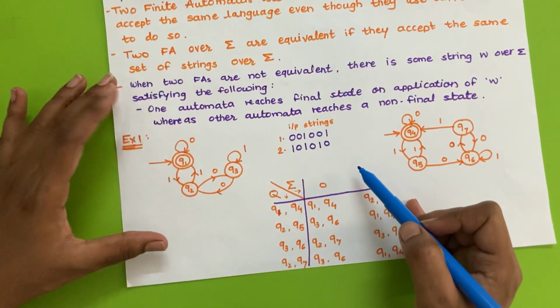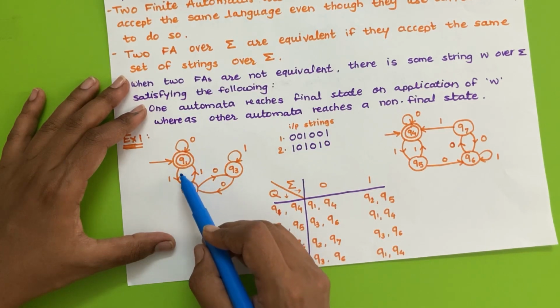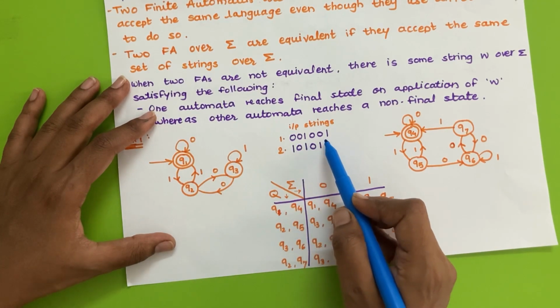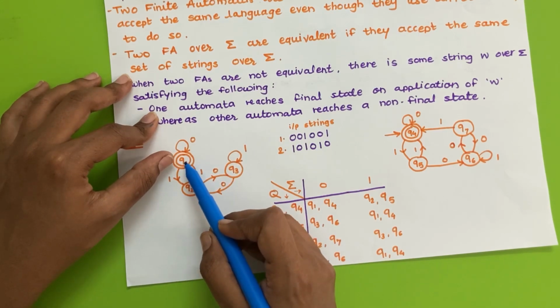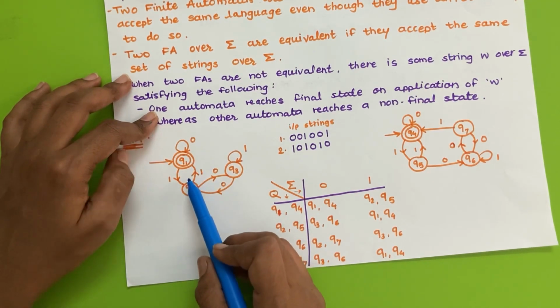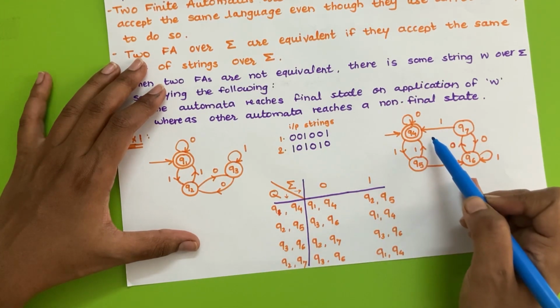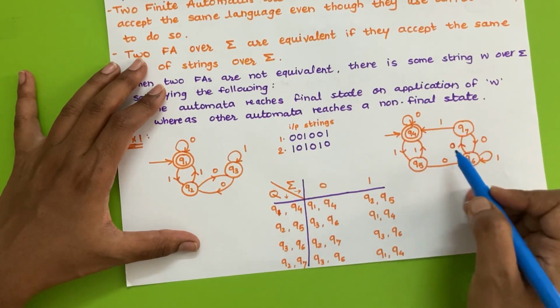If we observe the same set of strings, the path they take from the initial to the final state reaches the final state, even though we have a larger number of states, one extra state, and it works the same as this.